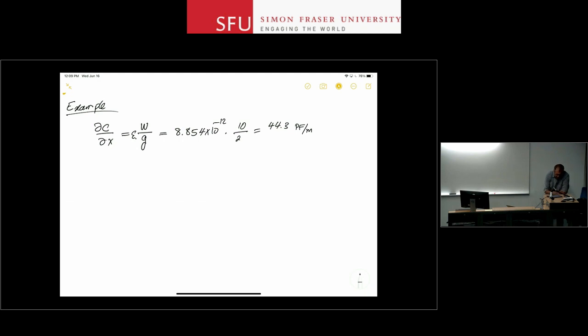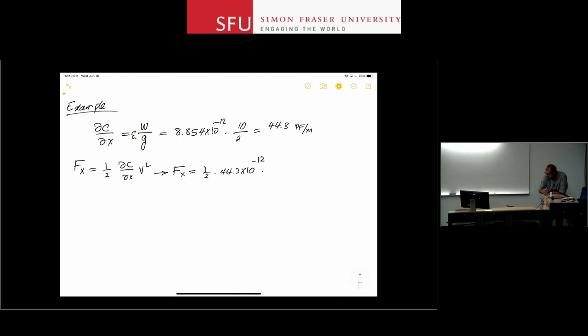I can calculate dC over dy as well. Well, let's just calculate the force here. If I want to calculate Fx, the force in x direction, it's going to be 1/2 dC over dx times V squared. So the force in x direction is going to be 1/2 times 44.3 times 10 to the minus 12 times voltage squared.